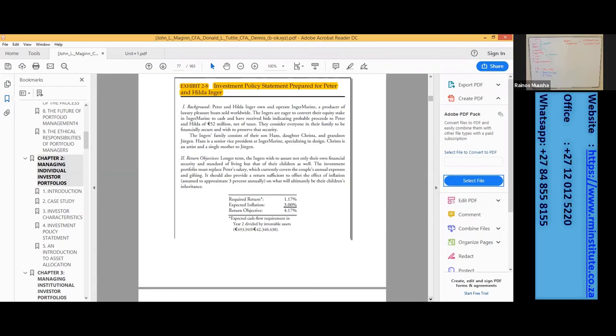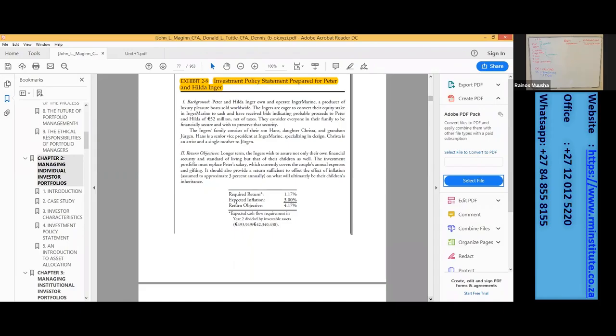So when you're looking at your return objectives, we look at the required return. Here is year one's withdrawal need, and here is the estimation of the investable assets in year one, and this is how you're able to determine the return requirement of 1.17%.